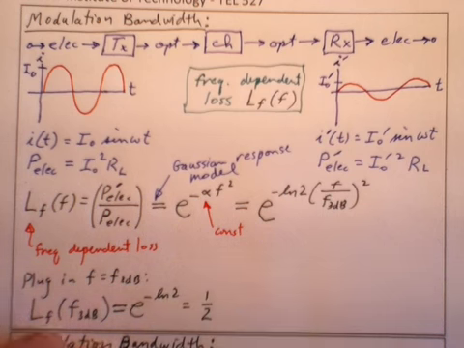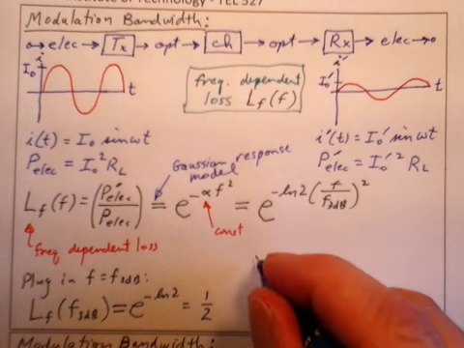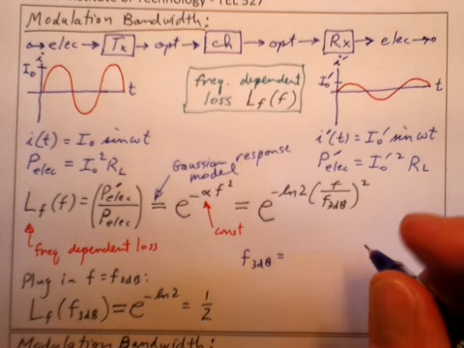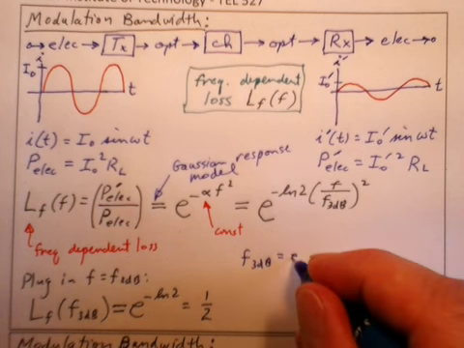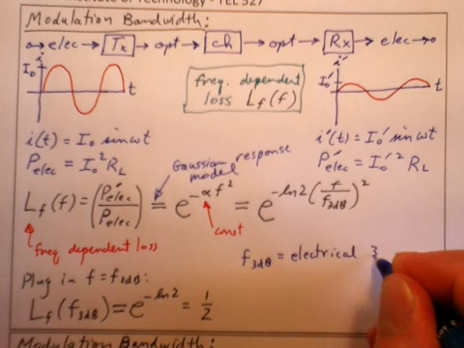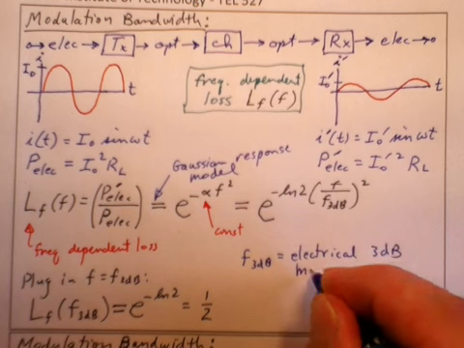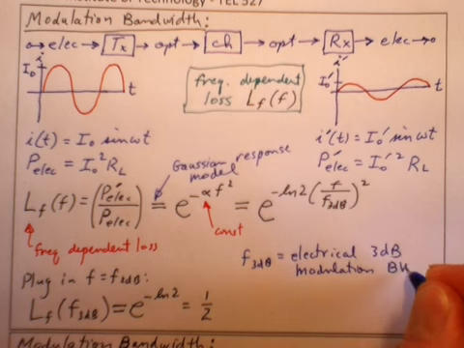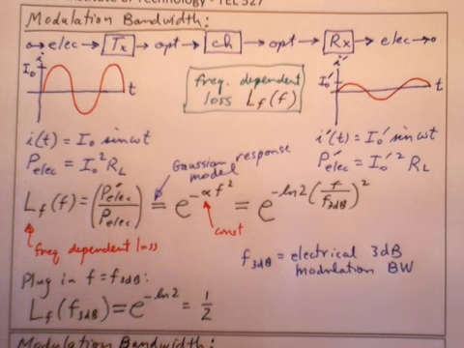And so this f3 dB is called the electrical 3 dB modulation bandwidth. Okay? It's called a bandwidth because it's a frequency.